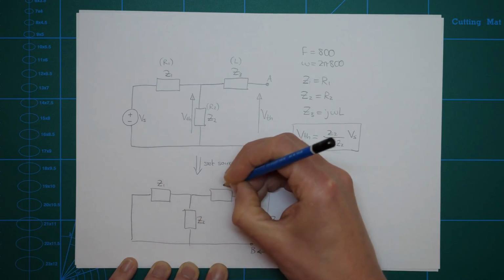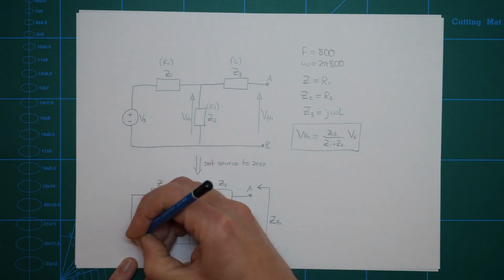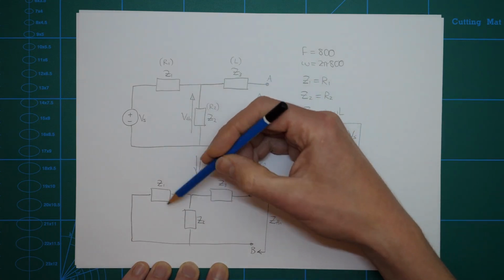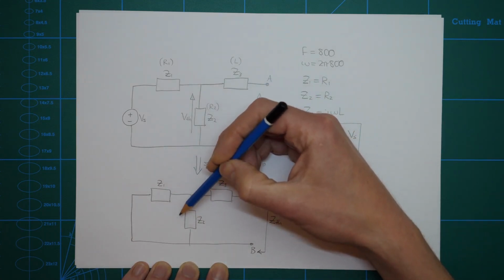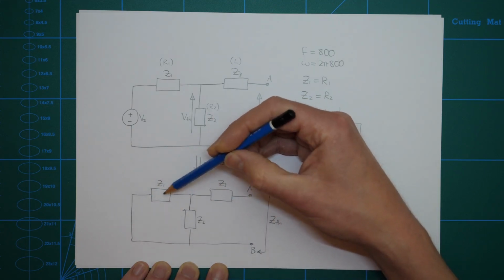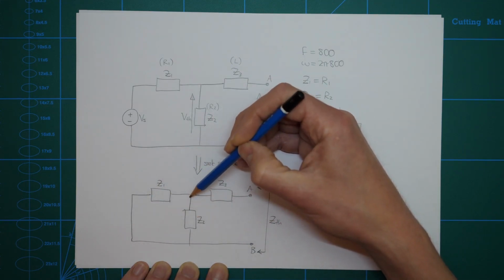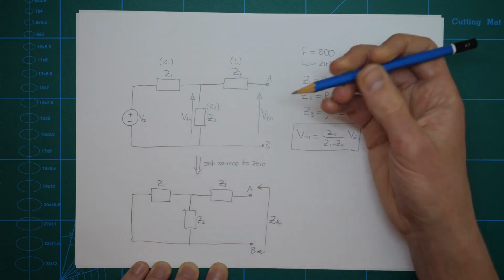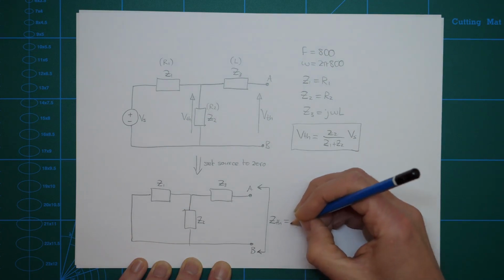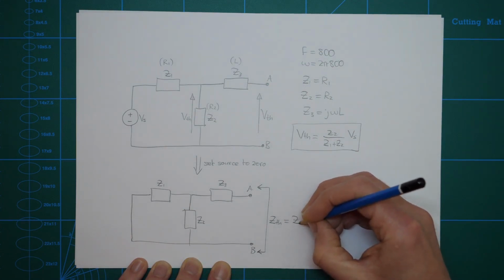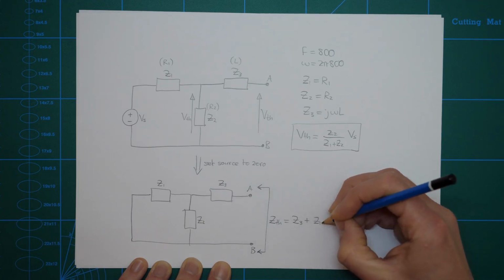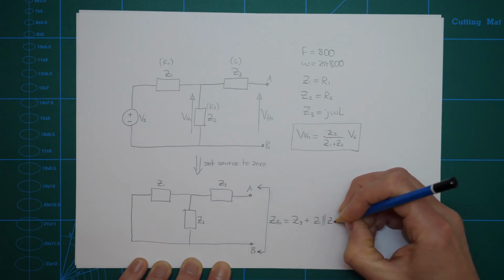Z1, Z2, Z3. So you can see here Z1 and Z2 are in parallel with each other now that Vs has been set to 0. These two elements have now ended up in parallel with each other because they both begin and end at the same two nodes. So we can basically say almost right away Z3 plus the parallel combination of Z1 and Z2.